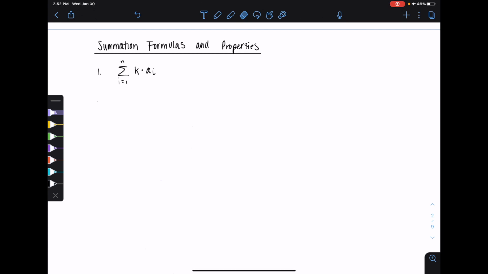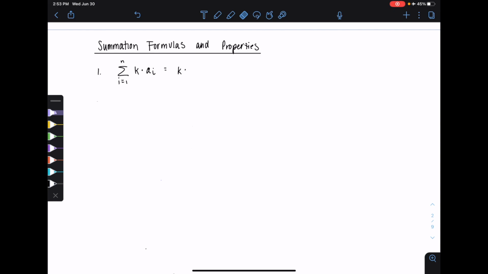But first, if I have a constant times this thing that's changing, a_i, remember, a_i is the thing that we're going to plug i into. It's changing every single time. That constant really does nothing. Every single term has that constant attached.